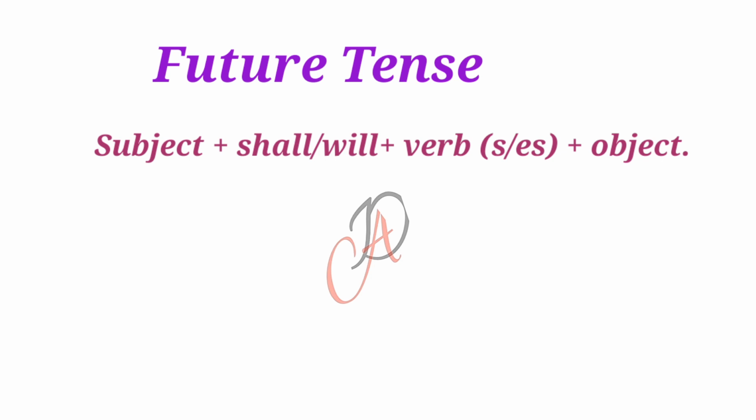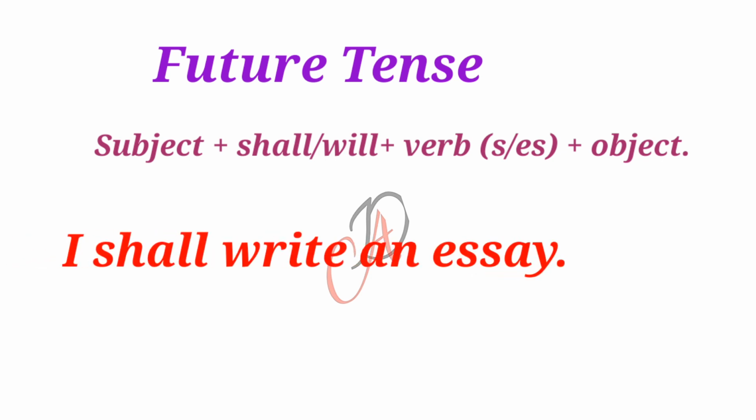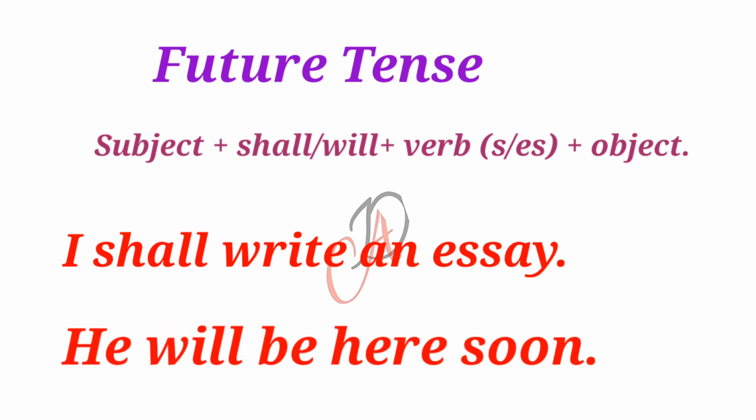So let's see the examples. The first one, I shall write an essay, and the second one, he will be here soon. When we look at both examples closely, here I and he are the subjects, followed by shall and will with the verb and the object, and hence both examples refer to future tense.